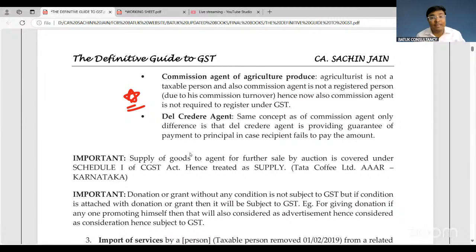The other type of agent takes, suppose, 12% commission and provides an additional guarantee for the amount. That is called a Del Credere Agent. These are certain examples related to agent and principal.